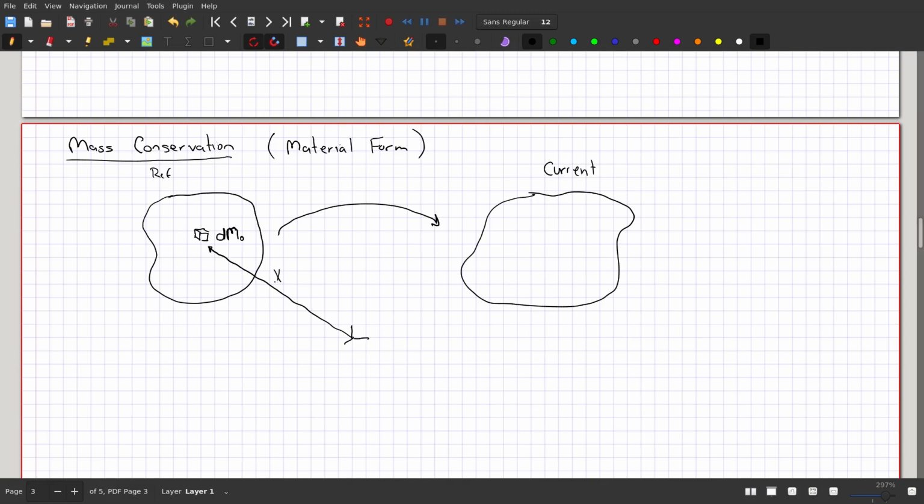In the reference configuration, we define the position of that element with big X, and we're going to track that exact same differential mass through the motion. In the current configuration it will be at position little x, and we'll call that dm.